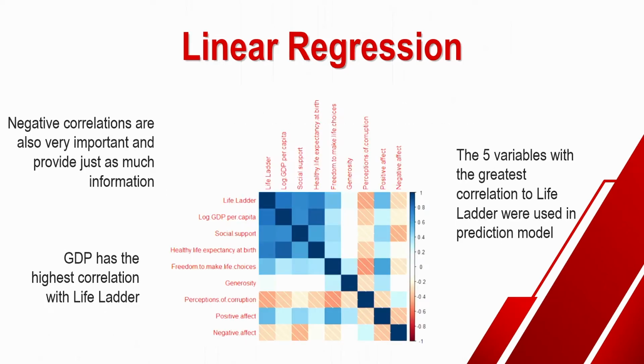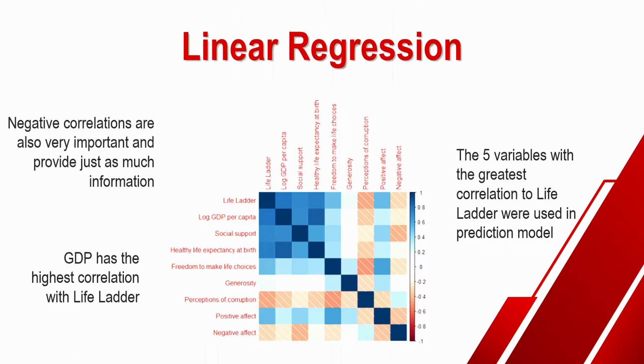Before we create our model, we needed to understand what the relationship was between each independent variable and our dependent variable, life ladder. So we identified our 5 variables with the largest correlation, which would be GDP, social support, healthy life expectancy, freedom to make life choices, and positive affect.